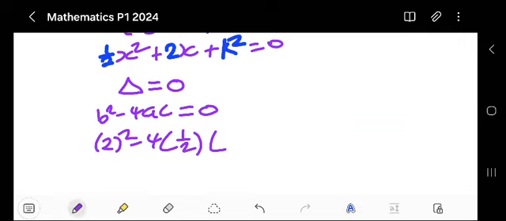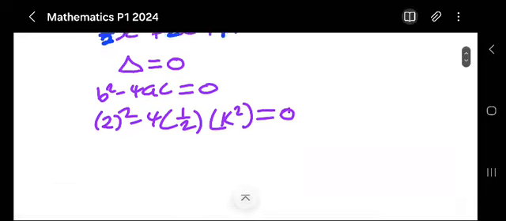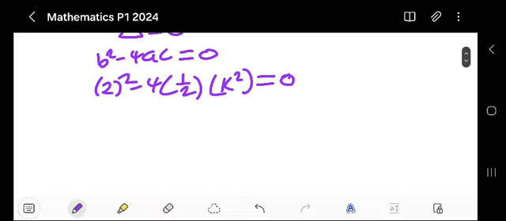Then we'll substitute this by k squared. This will lead to equal to 0, isn't it? So this will give us 4, right? 2 squared, then when you multiply, this will simply equal 2, because this 2 goes 2 times into 4. Then we multiply 2 by k squared, we'll simply have k squared is equal to 0.